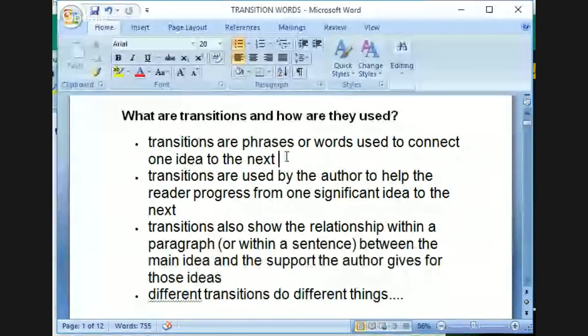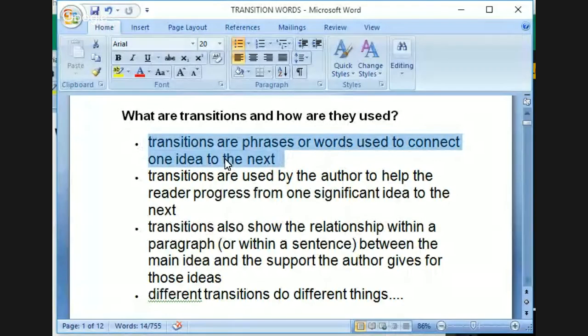Phrases are words used to connect one idea to the next. This is called cohesion, cohesiveness, transitioning from one idea to another in a fluid way to provide clarity to the listener or reader in writing. This is extremely relevant to both speaking and writing.